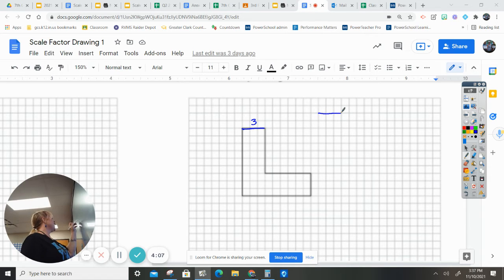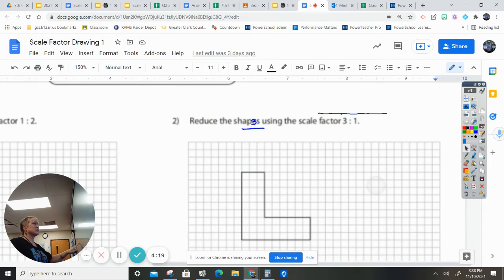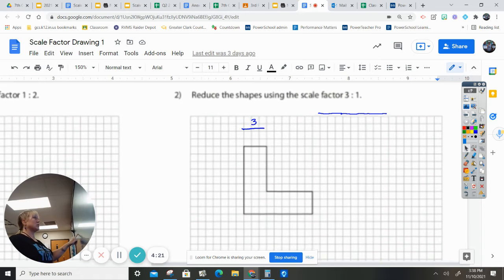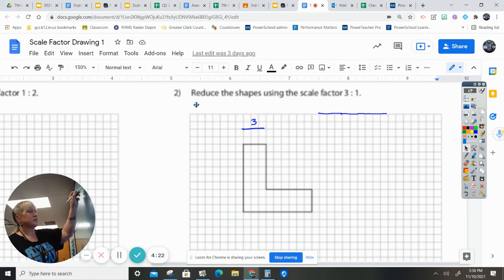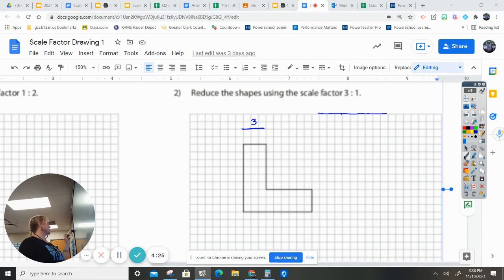So 1, 2, 3, 4, 5, 6, 7, 8, 9. Whew. That's what it wants, right? I want to make sure. Oh, it says reduce. Hold on. Miss Began, reduce. You see that? So Miss Began made a mistake. We're not supposed to do that. So instead of making bigger, we're going to make smaller.